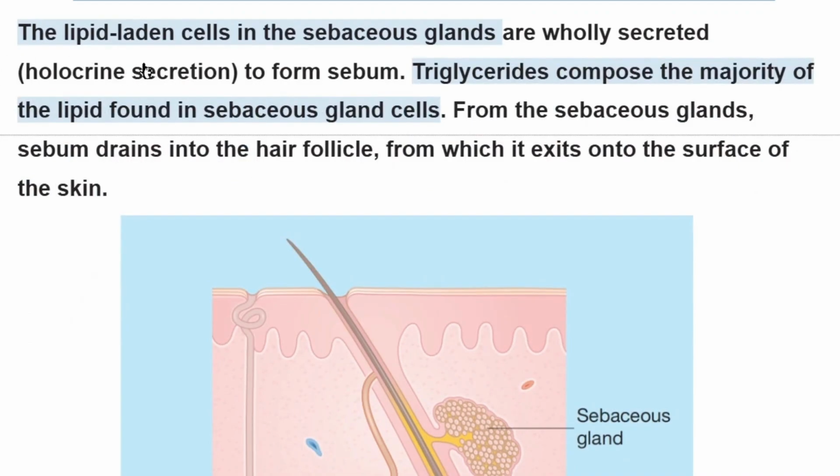The lipid-laden cells in the sebaceous glands are wholly secreted by holocrine secretion to form sebum. Triglycerides compose the majority of the lipid found in sebaceous gland cells. From the sebaceous glands, sebum drains into the hair follicle, from which it exits onto the surface of the skin.